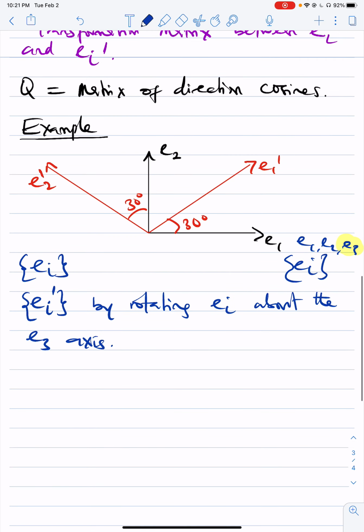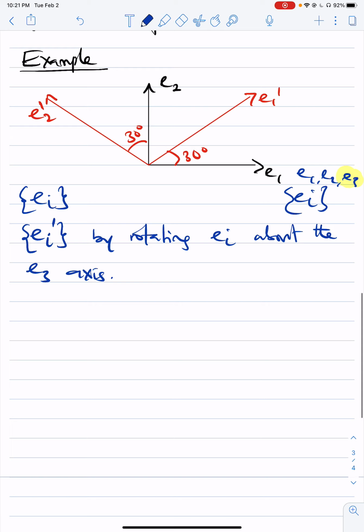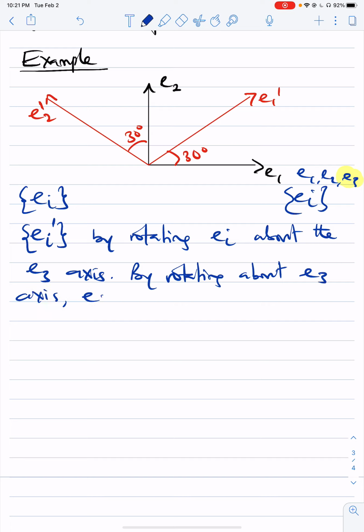So by rotating about the E3 axis, E3 and E3 prime coincide.